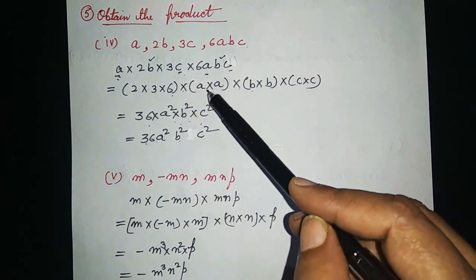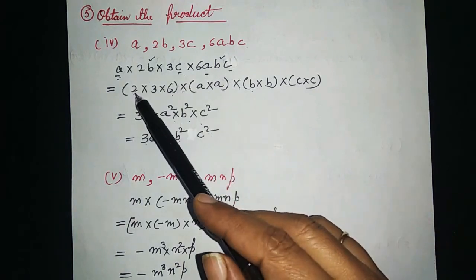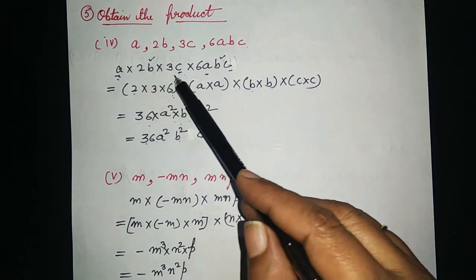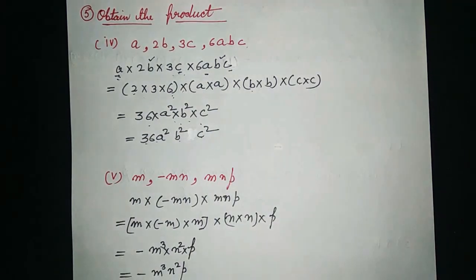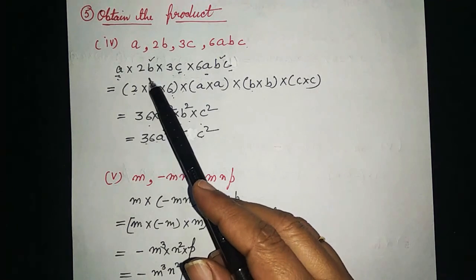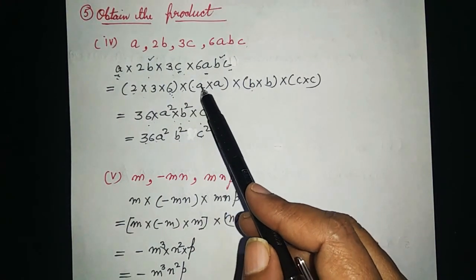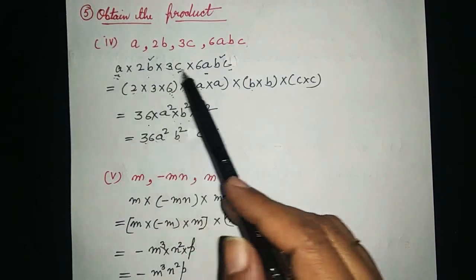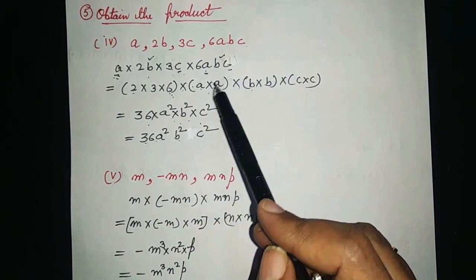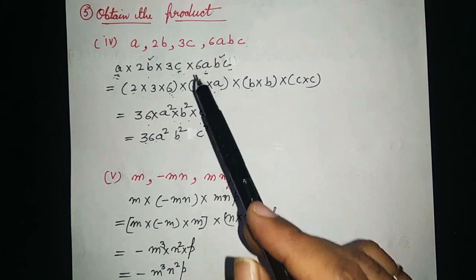After this we will multiply. First we will write here numerical coefficients of each monomial. Now in bracket we will write 2 into 3 into 6. After this we will write a. This and this a. We will write here with the sign of multiplication.